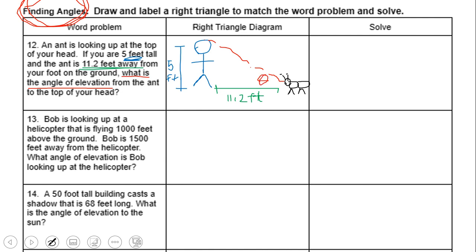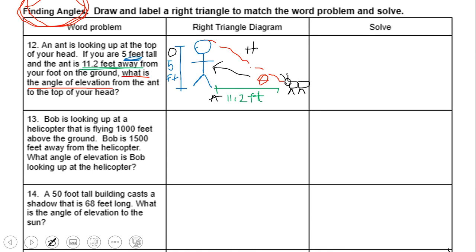And the question is, what's the angle? What's the angle of elevation? If he's looking up, it's an angle of elevation problem, right? It even says angle of elevation. So now that I have this information, I can label. I have my opposite side and my adjacent side. That means we're going to use tangent.